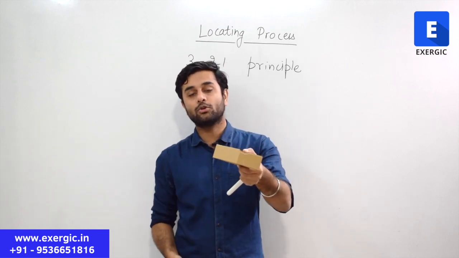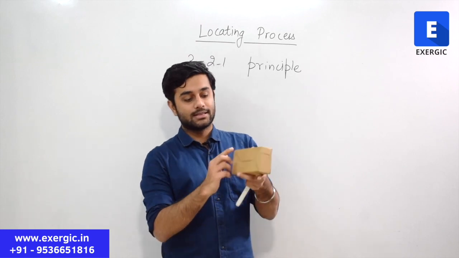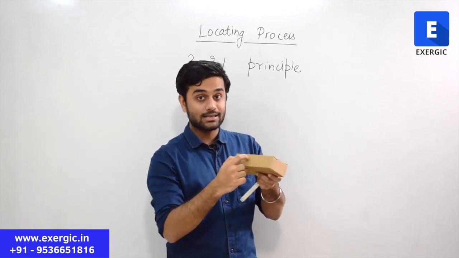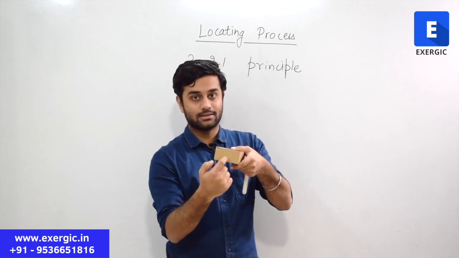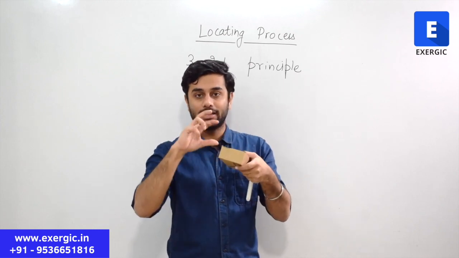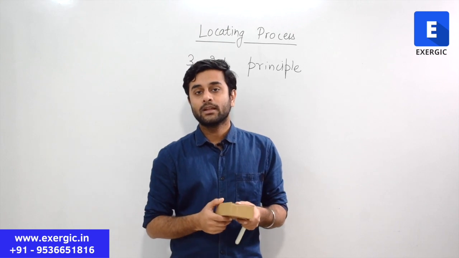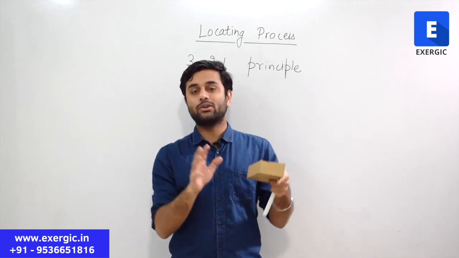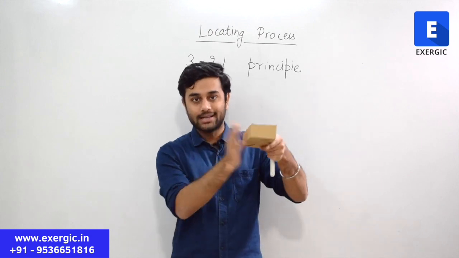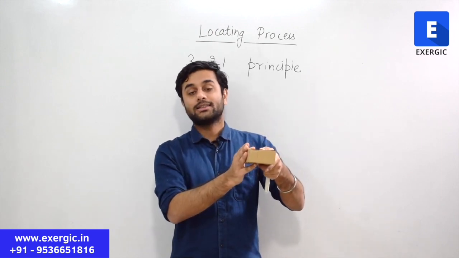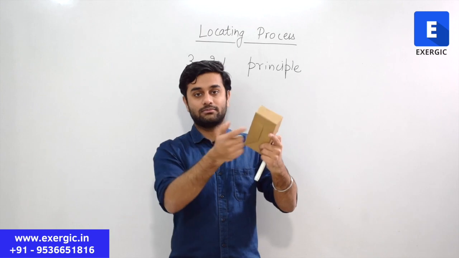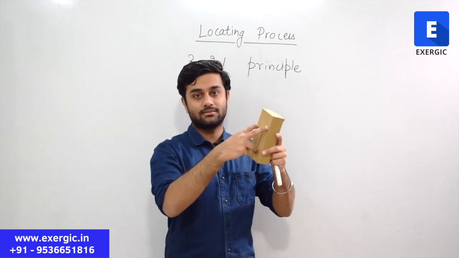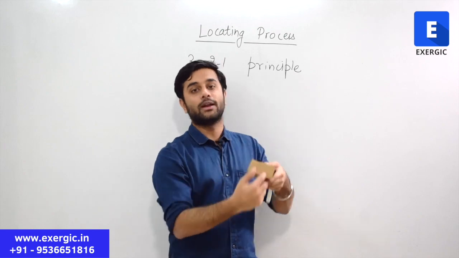Consider this to be a cuboidal workpiece. This is one area, largest. This is second largest. This is third largest, right? 3 different areas are making up this cuboid. If you want to support this in any jig using the 3-2-1 principle, if you want to locate this workpiece, the primary plane will be this one, the largest one. On this plane, you will use 3 pins, then 2, then 1.